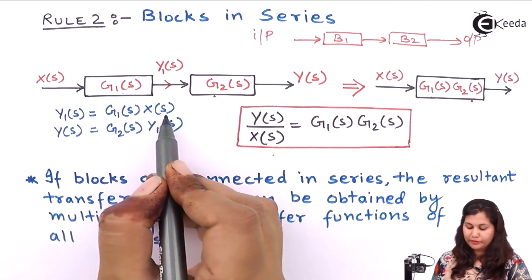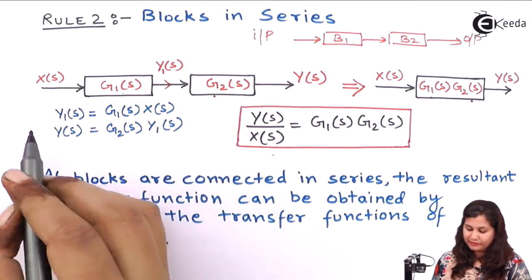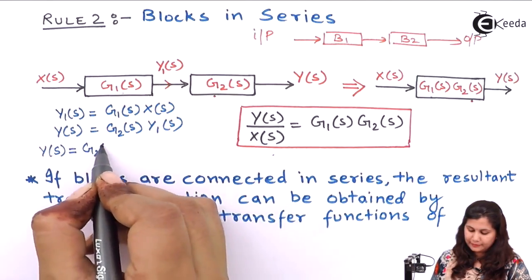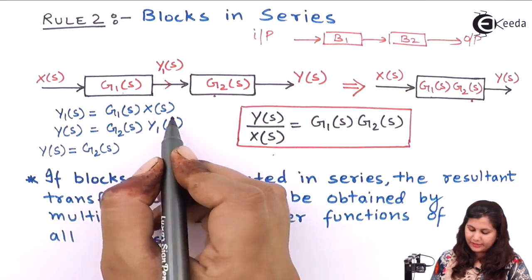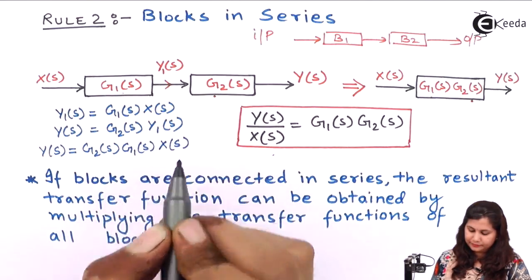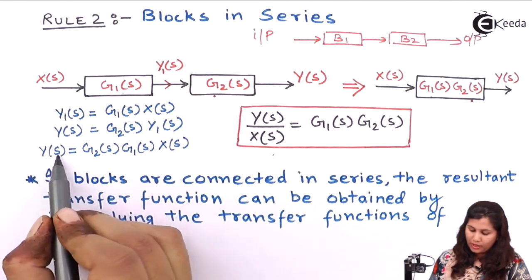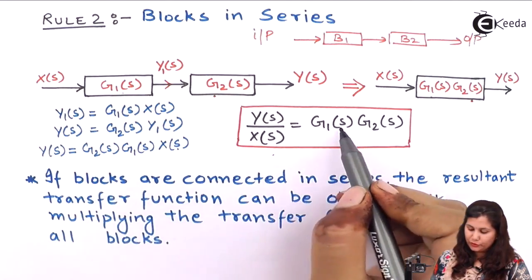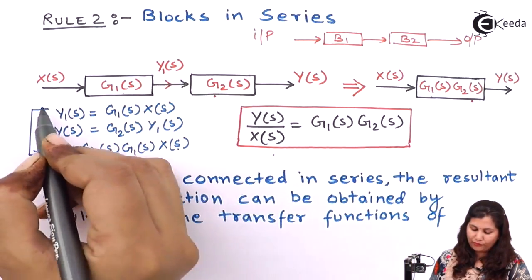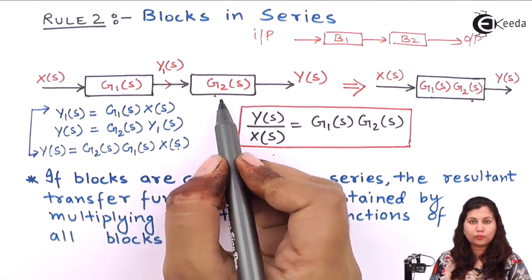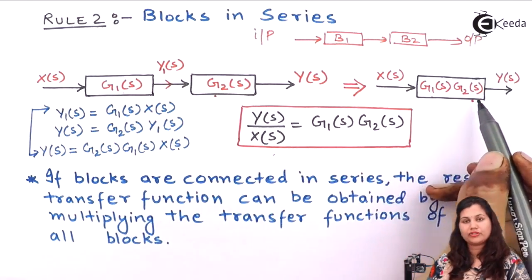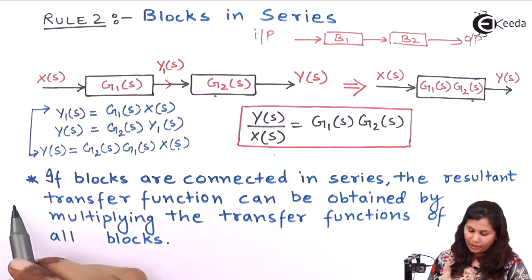Y1 we have already obtained, so if we put the value of Y1 in this equation, with Y1 as G1(s) X(s), we get Y(s) by X(s) equal to G1(s) G2(s). So this is the proof of how we replace these two blocks connected in series by a single block having the transfer function G1(s) G2(s).